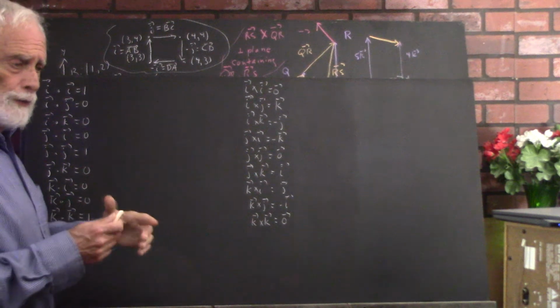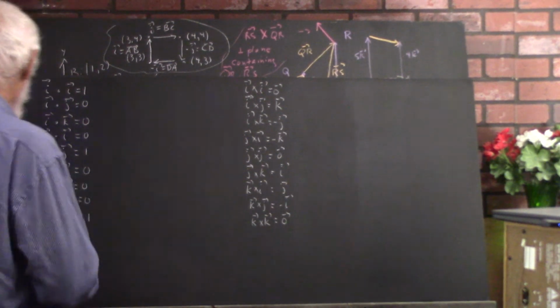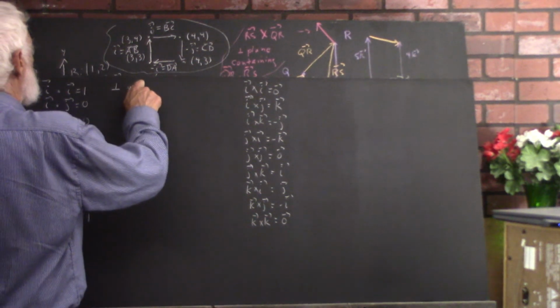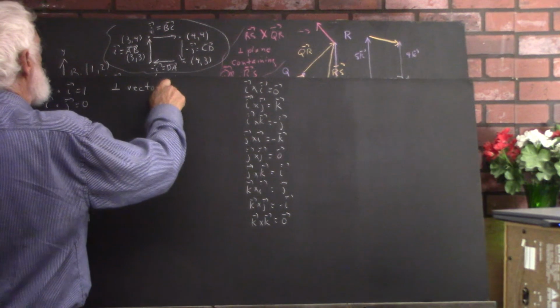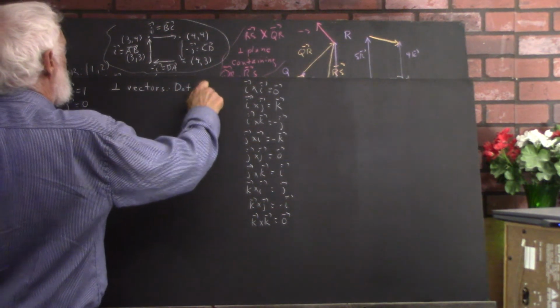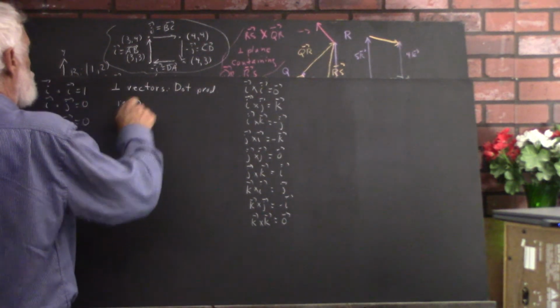So if you have 2 vectors that are perpendicular, the dot product will be 0.